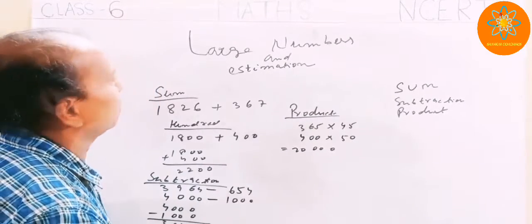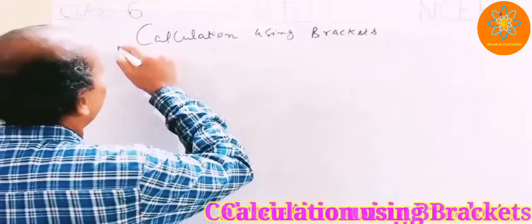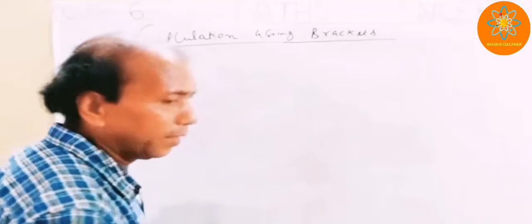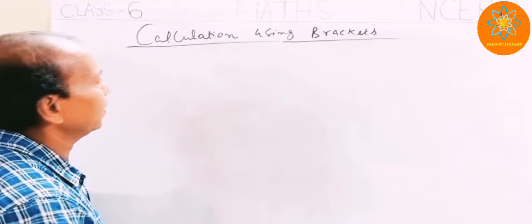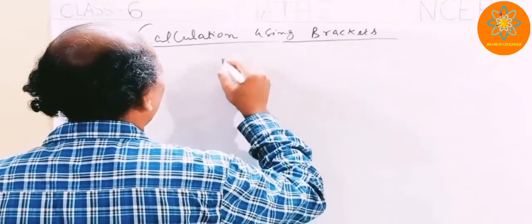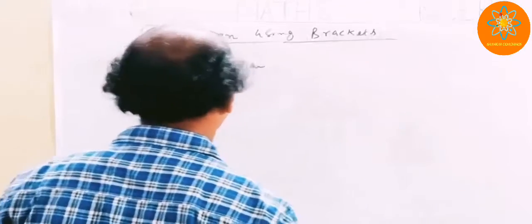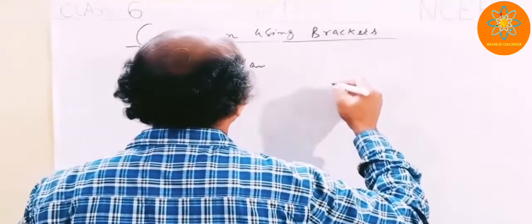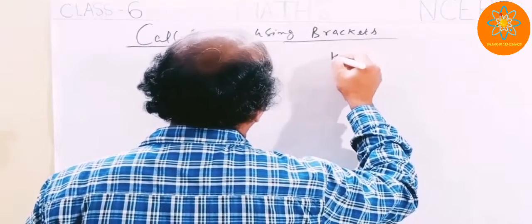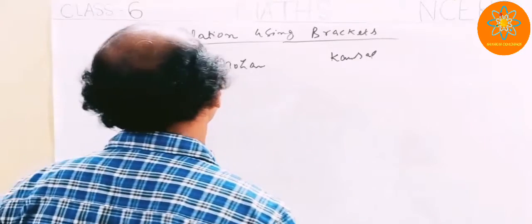Now the next one is calculation using brackets. Calculation using brackets means you can use the brackets for calculation. For example, let's suppose two persons are there, Mohan and Kaushal.